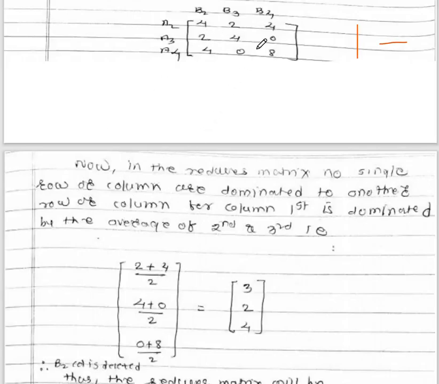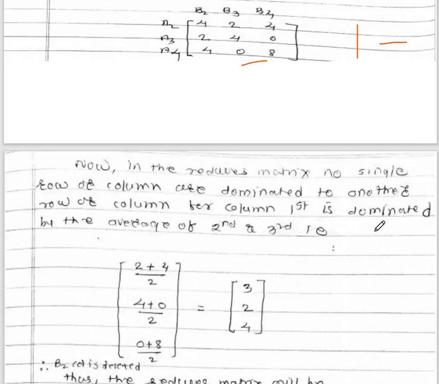The average of these two columns is less than or equal to the first column. We can compare them. In the reduced payoff matrix, no single row or column is dominated by another row or column.